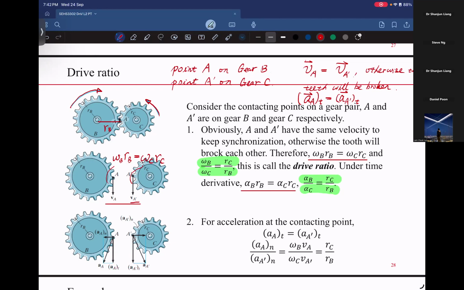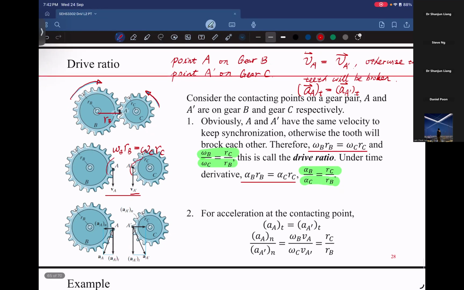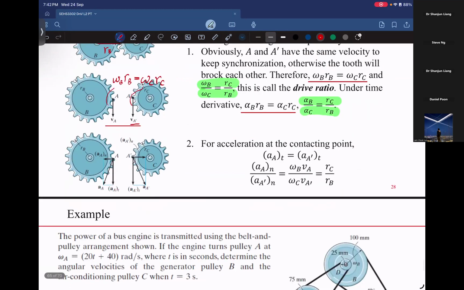However, the normal acceleration is not the same, right? Let's analyze. For normal acceleration, gear B is omega B square RB, and for gear C, it is omega C square RC.